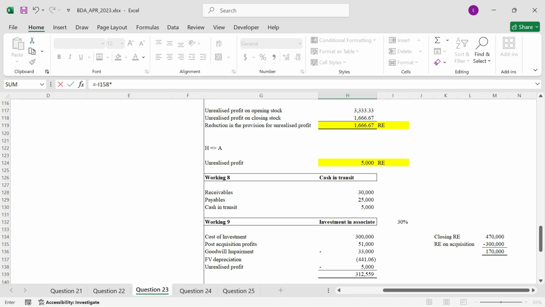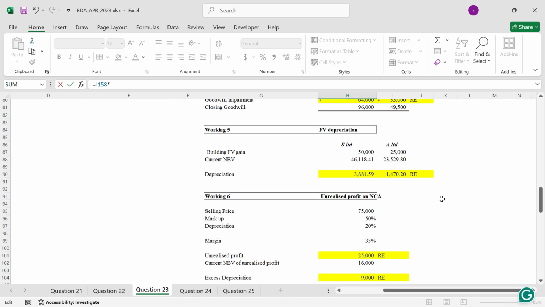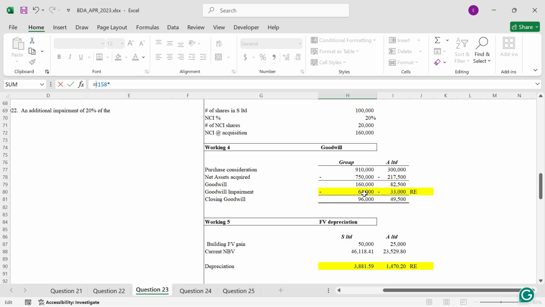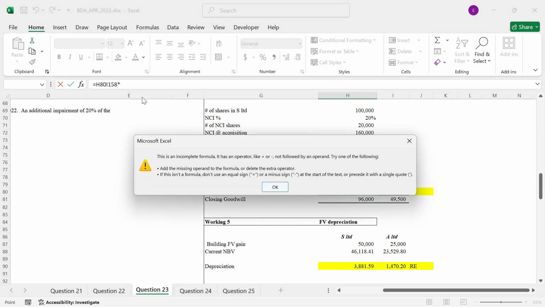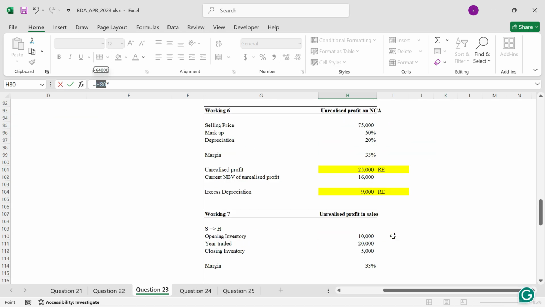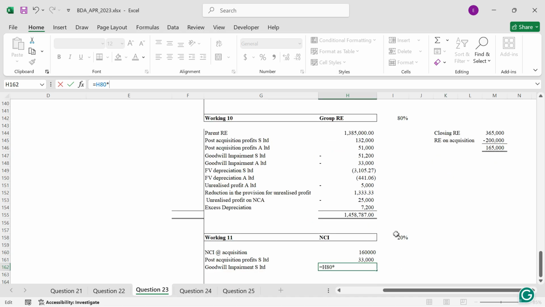then it has to be negative, the value of the total will be negative, so 20% for goodwill impairment. This goodwill impairment by 20%.